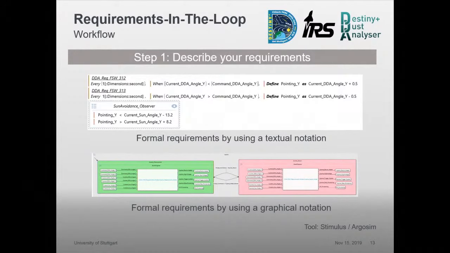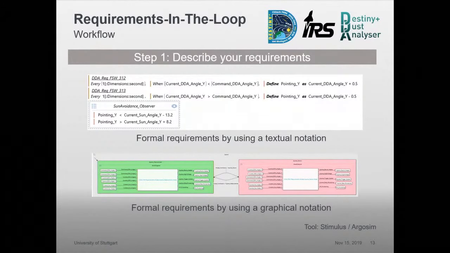For example, in the first line, it says every 1 second when the current angle of the instrument is smaller than the commanded angle, then the pointing shall be changed, and it shall be changed by 0.5 degrees. So that's the formalization of one requirement.